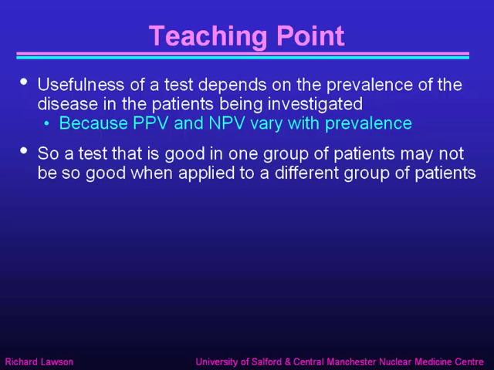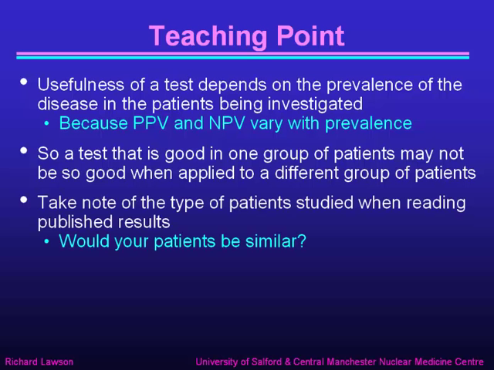So a test that is good in one group of patients may not be so good when applied to a different group of patients. So you need to take note of the type of patients studied when reading the published results. They have used a patient population to calculate a positive and negative predictive value.